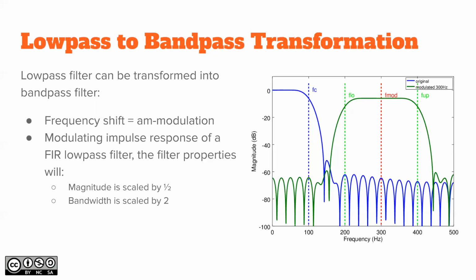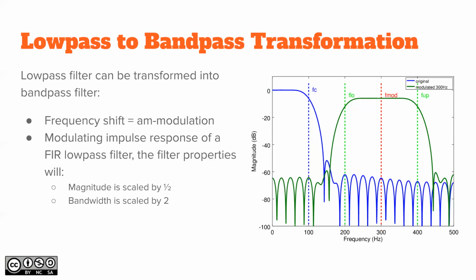Okay, so frequency shift of that impulse response basically moves the spectrum of that low pass filter to both sides of this modulation frequency.